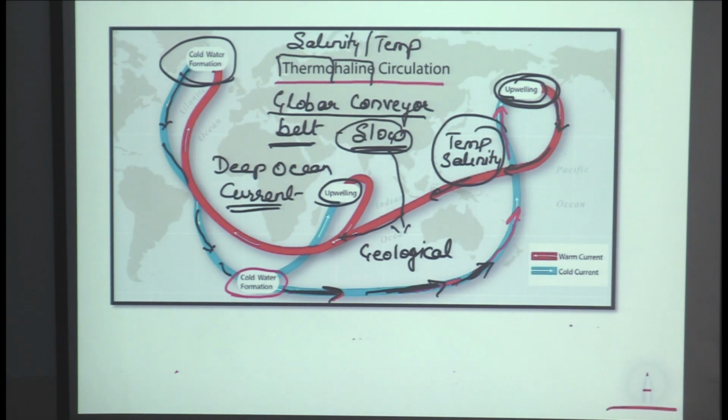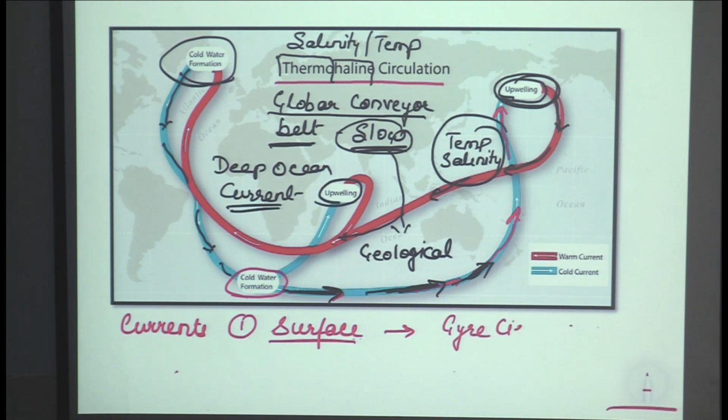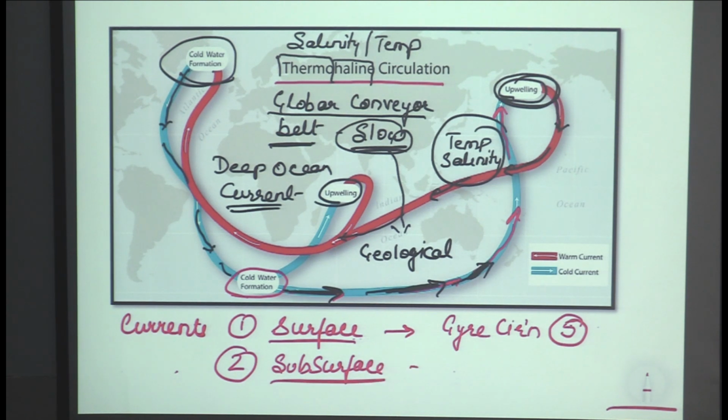So if I have to quickly repeat the oceanic current system, ocean currents include one, surface current that is primarily caused by spin of the earth, planetary winds, developing Gyre circulation. And there are 5 different Gyre circulations on the map of world. And two, a subsurface or deeper ocean current system that is called thermohaline.